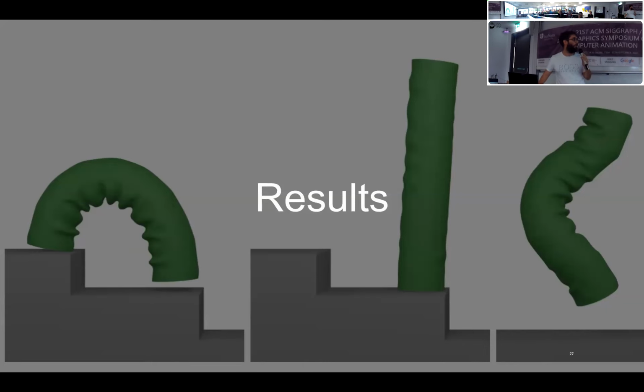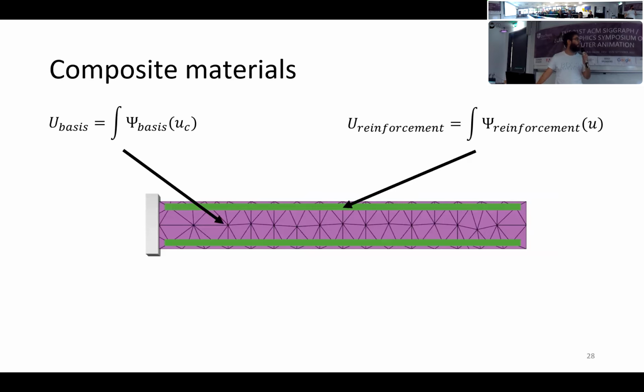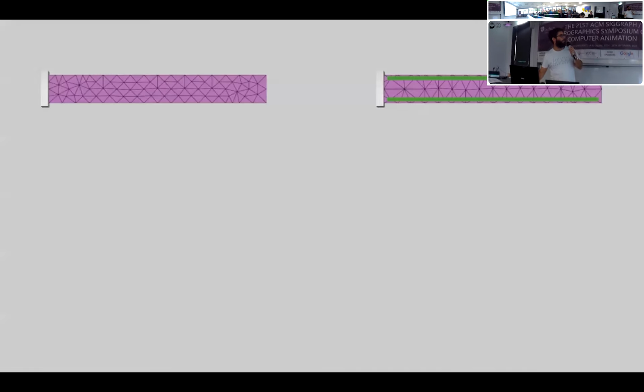Here are some things that we can do with this framework we have described. We can simulate composite materials. We have an object that is represented by a 2D coarse cell, and we embed two reinforcements in that object, which makes the object stiffer.